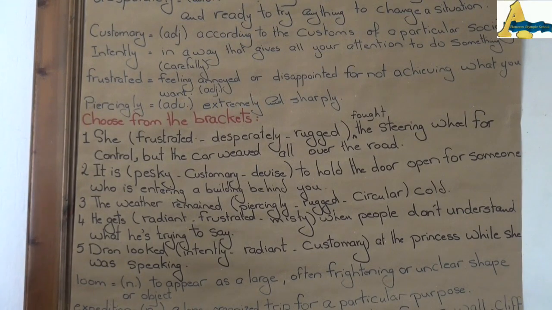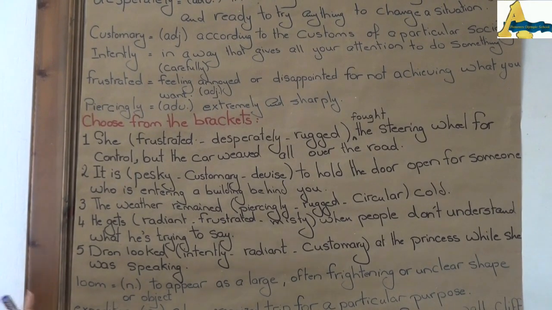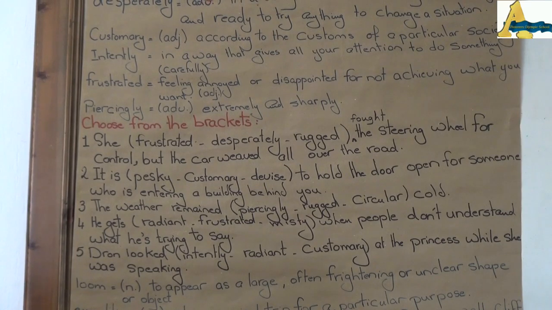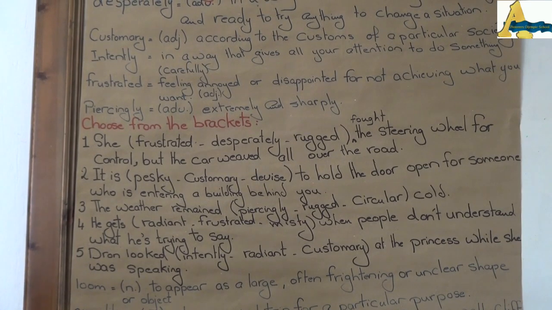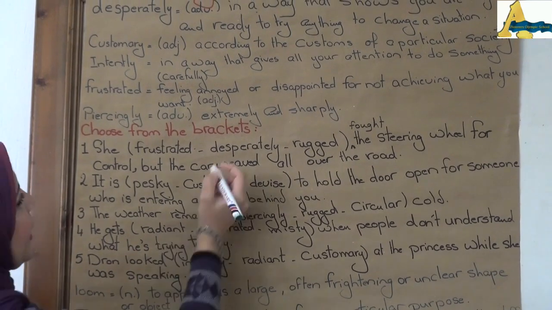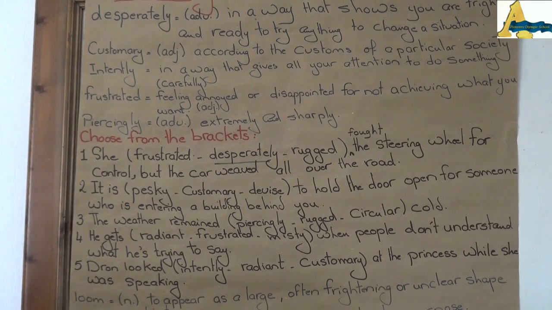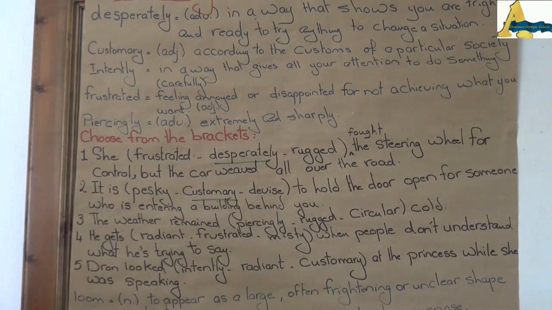Let's now answer the following exercise. She fought the steering wheel for control, but the car weaved all over the road. She desperately fought. It's customary to hold the door open for someone who is entering a building behind you. It's habitual, it's a habit.